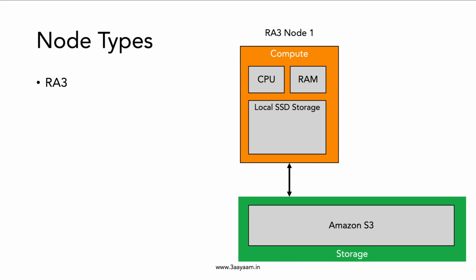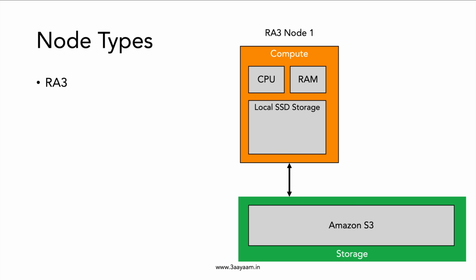So if you see here, it is a very unique architectural pattern. What Redshift provides using the RA3 node is separation of compute and storage. So I have the compute here and then I have the storage here in addition to local SSD storage. I can expand this storage irrespective of the compute. If I have to store more data, as it is on S3, I can store a lot more data on S3.